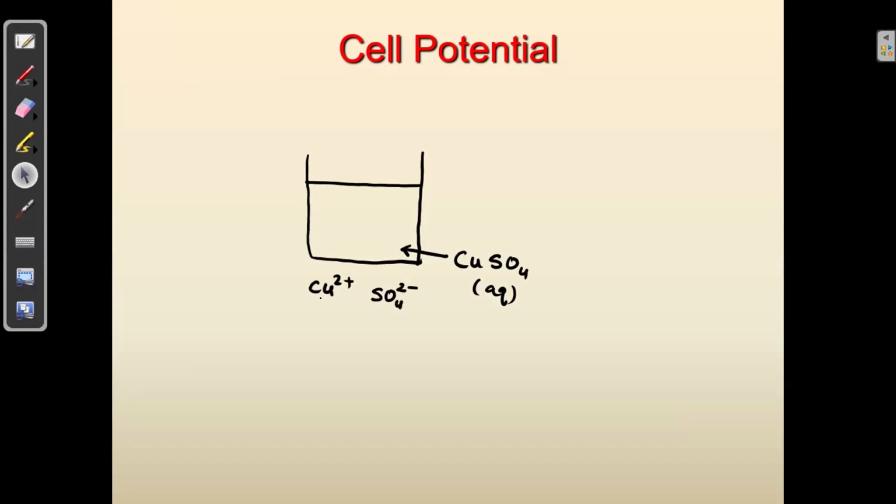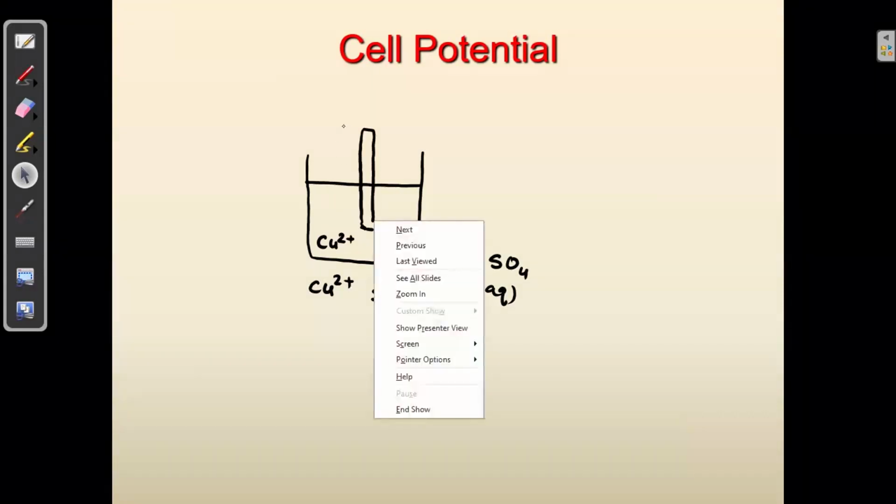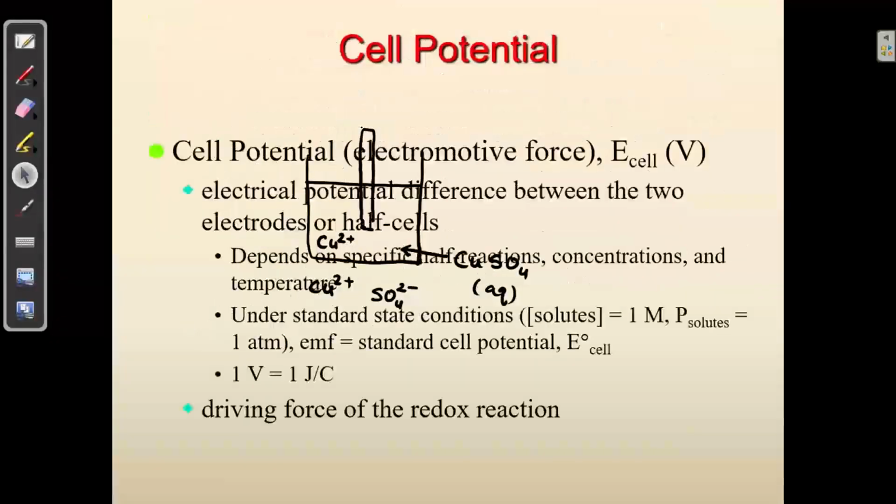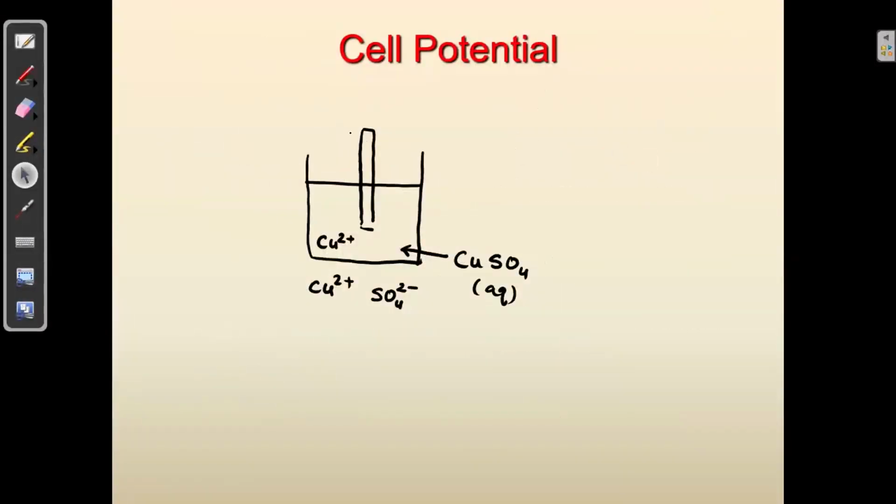In this solution, I will be having copper plus 2 ions and sulfate ion. Right now I'm not writing the sulfate ion. And let me add a metal which is made up of copper. This is a copper metal electrode.